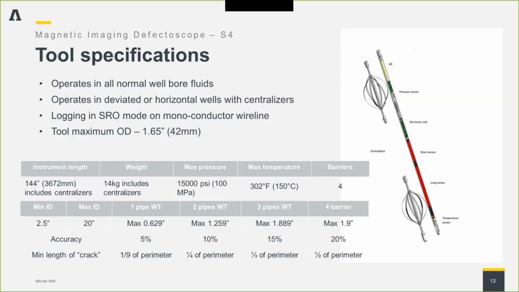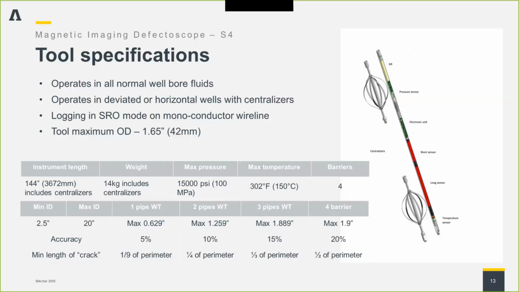The crack that we look at, as opposed to a hole or generalized corrosion, if there's a physical crack in the tubular itself, the length of that crack that we can resolve down to depends on which barrier we're looking at.